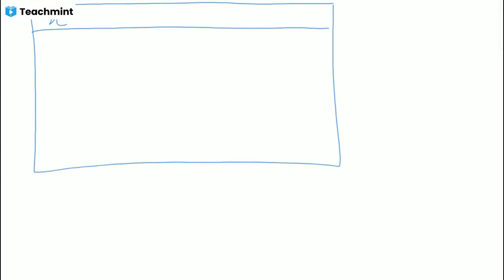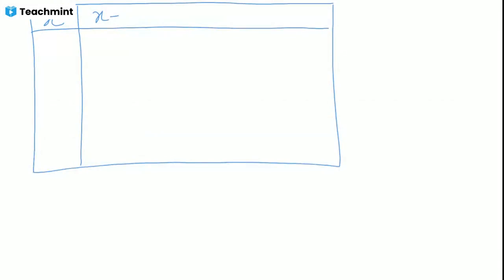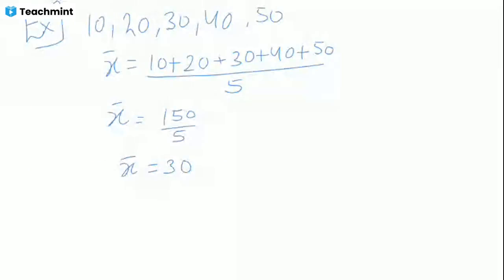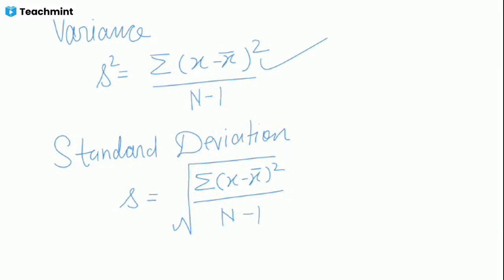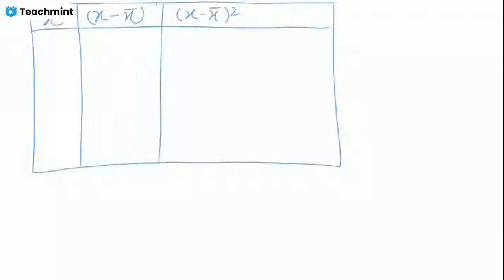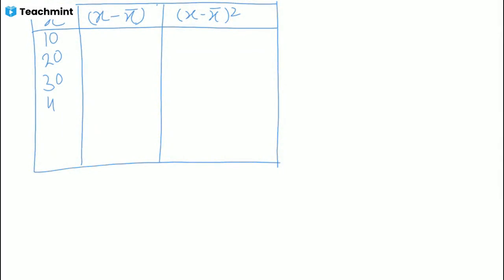We have x, and in the next column x minus x bar, and after that its square, (x minus x bar) square, because the formula needs it. For x we have 10, 20, 30, 40, 50, and x bar is 30.